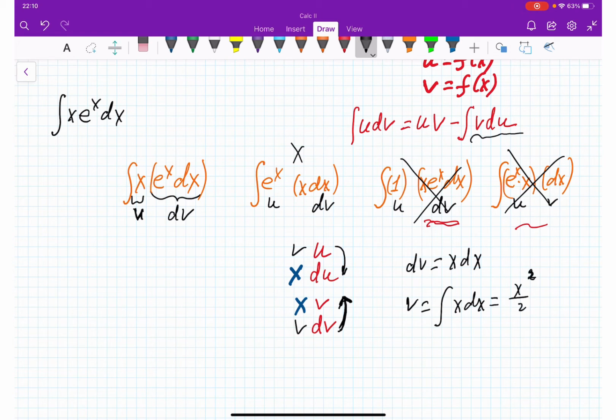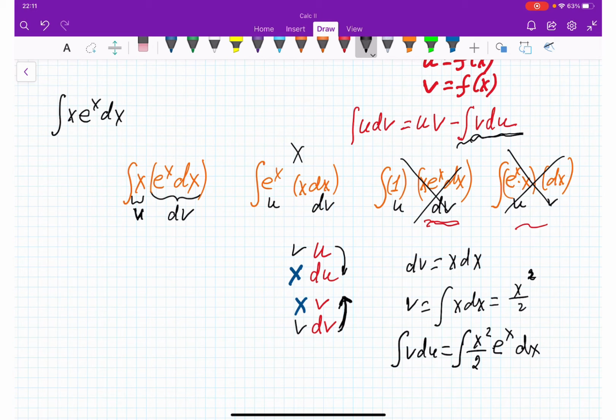Seems to me it's pretty straightforward. But when I plug into this integral v du, it's going to be equal v, it's here x squared over 2, and du, if my u is e to the power x, then du is going to be e to the power x dx, which will bring us back exactly to the first original integral, right?